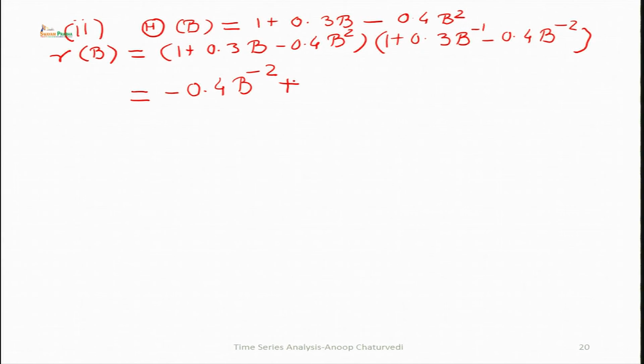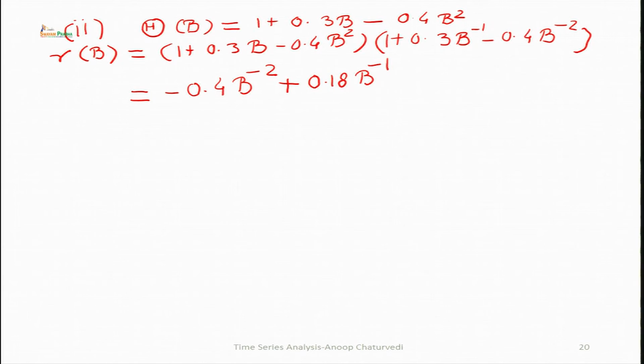So, for obtaining the terms involving b inverse, you multiply minus 0.4 b minus 2 with 0.3 b and 0.3 b inverse by 1, and finally, you obtain 0.18 b inverse.